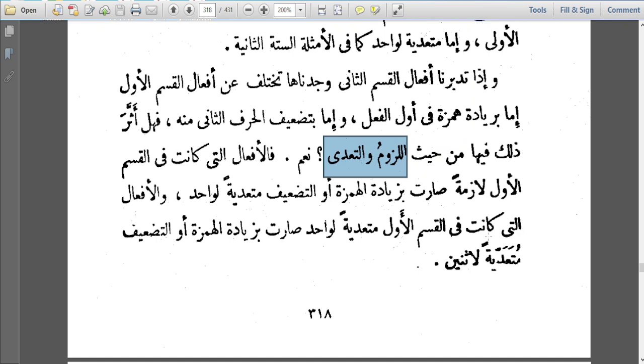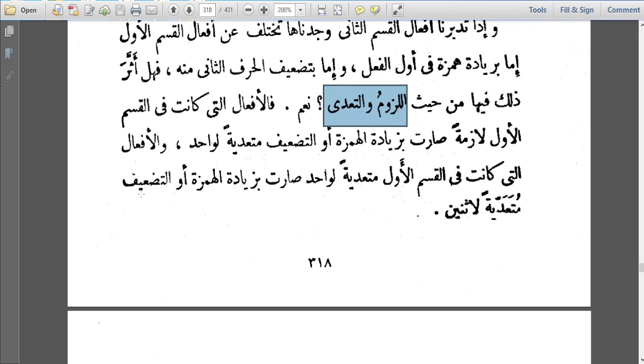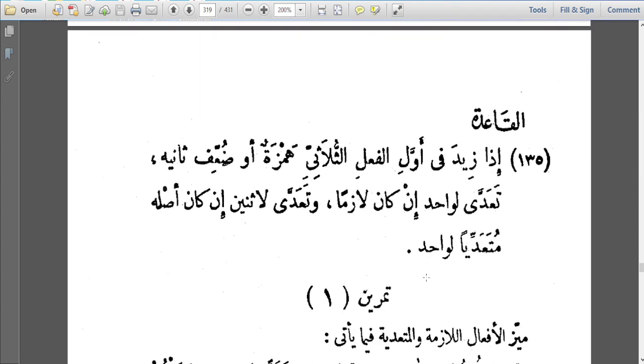It says والأفعال التي كانت في القسم الأول متعدية لواحد, those that are already متعدية but their مفعول به is one, صارت بزيادة الهمزة أو التضعيف متعدية لاثنين. Already it was متعدية لواحد. When we added the hamza or the tad'if, it became متعدية لمفعولين اثنين. It became متعدية for two مفعول. جميل. It is that simple.